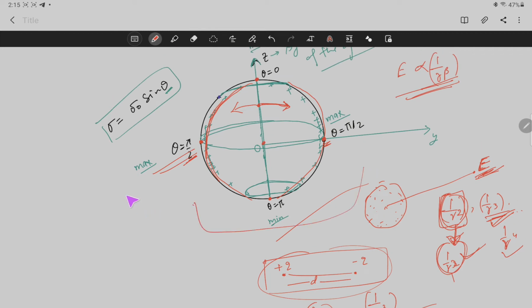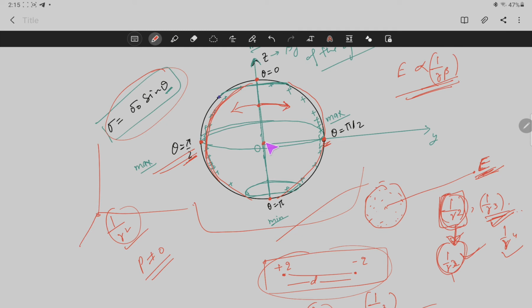In the given question where the charge density is like this, at very far distance this charge distribution will look like a point charge. In that case, you will obviously see the first term will have 1 over r square dependence, because the total charge is not zero. In the previous video we have seen that the dipole moment of this system is non-zero if your origin is outside the sphere.